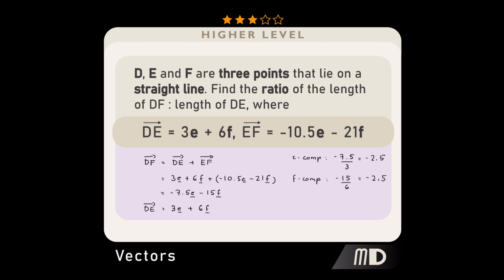Vector DF is a scalar multiple of vector DE, and so DF is therefore equal to minus 2.5 multiplied by DE.